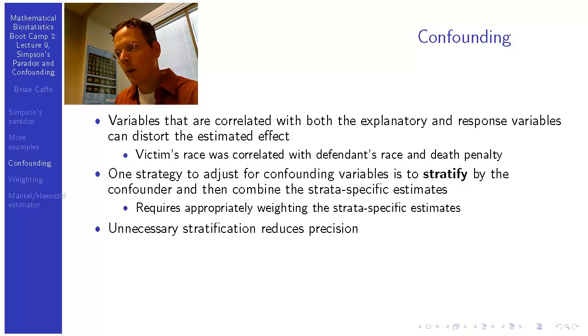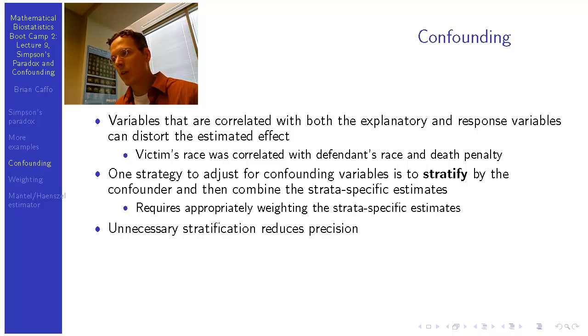Okay, again, putting aside the rather difficult and lengthy discussion of what is a confounder and how we select our confounders, let's assume we have a single confounder. How do we adjust for it? Well, there's several ways.